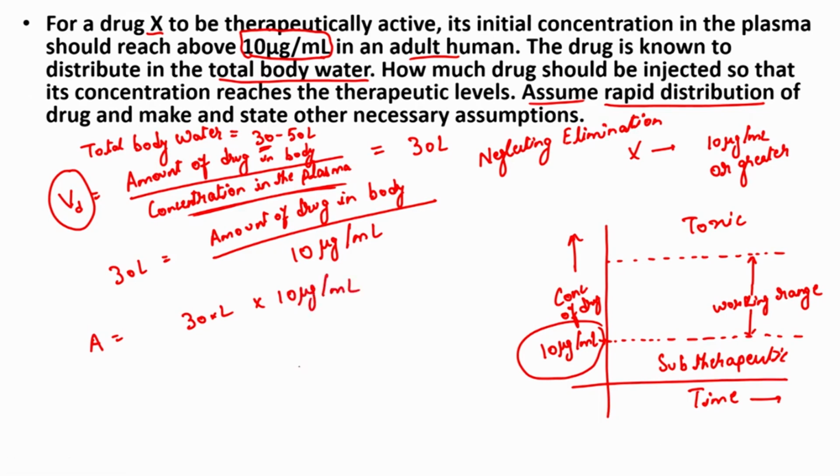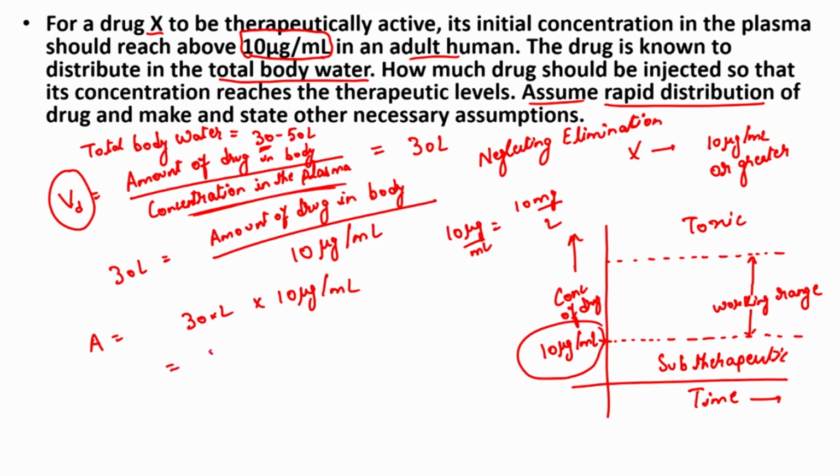So, let us just convert μg per ml to mg per liter. 10 μg per ml would be nothing but 10 mg per liter. All I have done is multiply both sides by 1000, and then 1000 μg is 1 mg, and similarly 1000 ml is 1 liter.